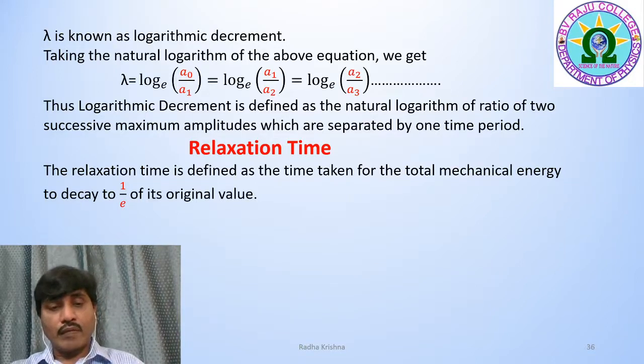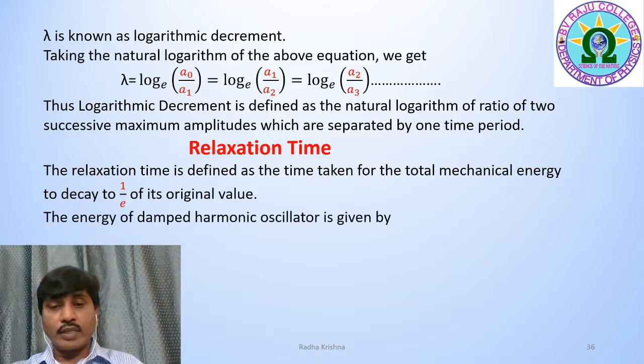The time in which the total energy of the damped harmonic oscillator decreases to 1/e of its original value is called relaxation time. The energy of a damped harmonic oscillator is given by capital E is equal to half a square into k into e^(-2bt).